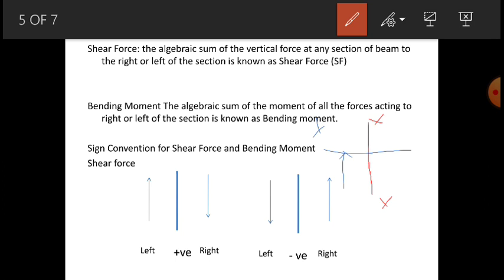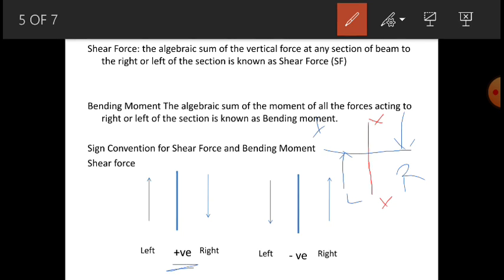And if, to the right of the section, the force is acting downwards, this is the left side and this is the right side of the section. So if you're considering the left side, the positive forces are those acting upwards. The same thing we are showing here. The force is upwards on the left hand side of the section, then it is positive.